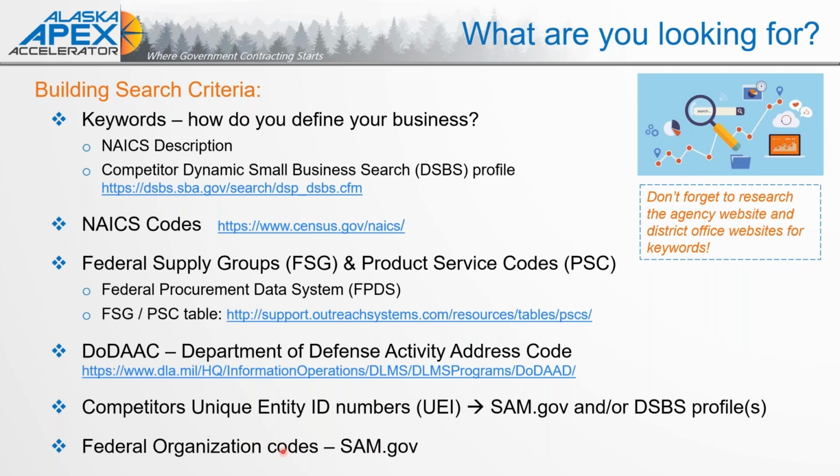So this is the bulk of what I mean when I say we have that two-prong search activity. These are some of the examples, and there are a few more things we could add, but this is the primary set that we're going to use to build those search criteria. And as a side note, don't forget to research the agency websites and district websites for keywords.